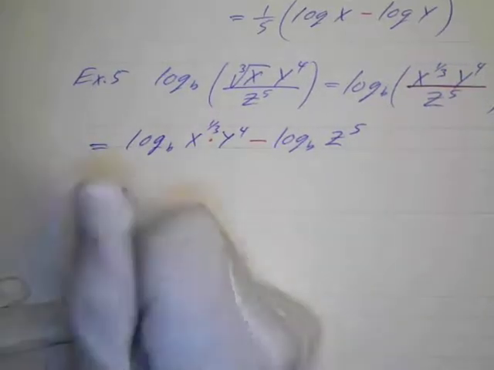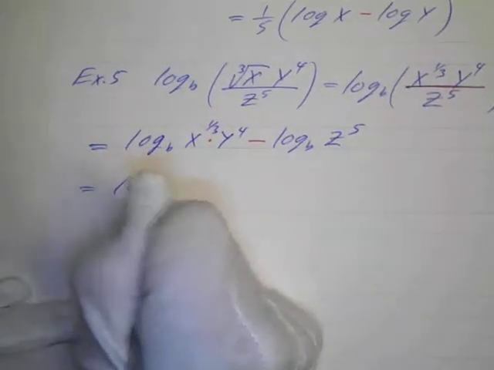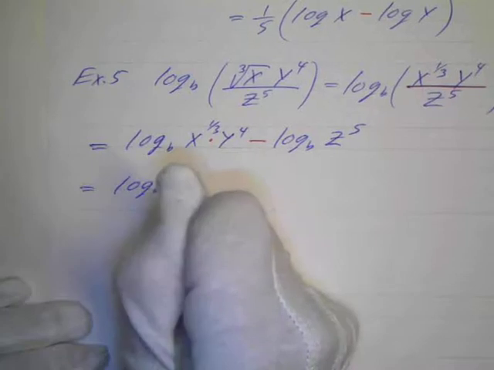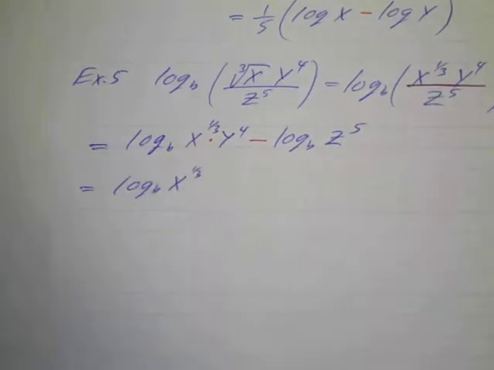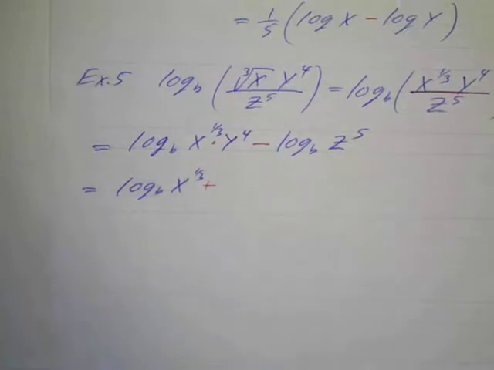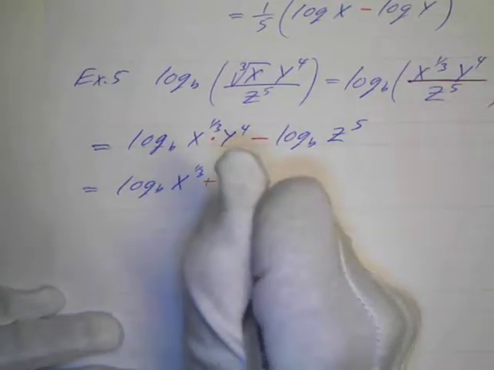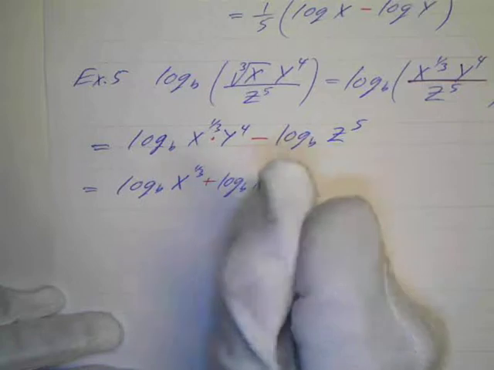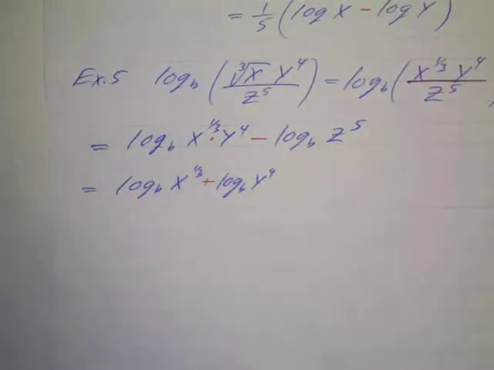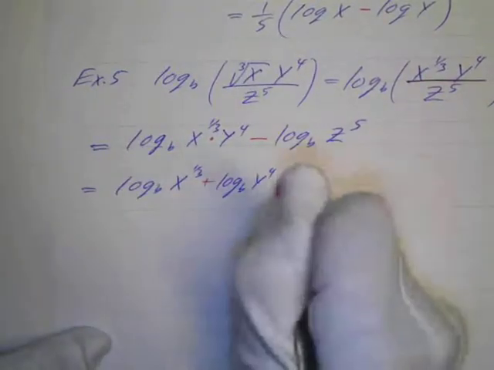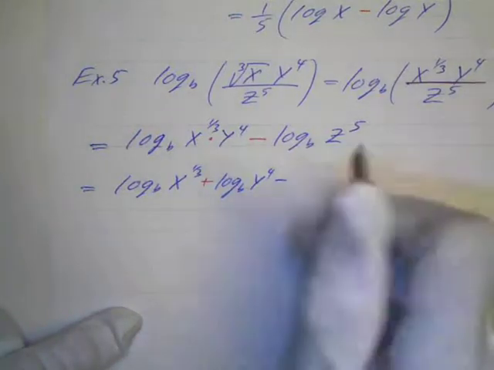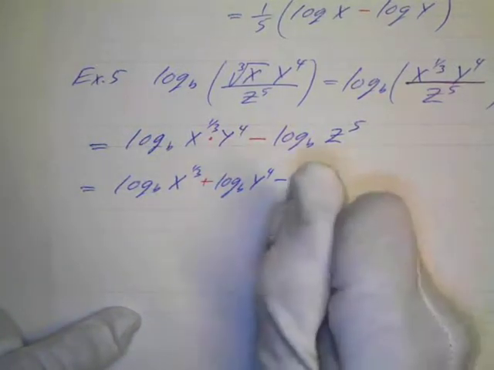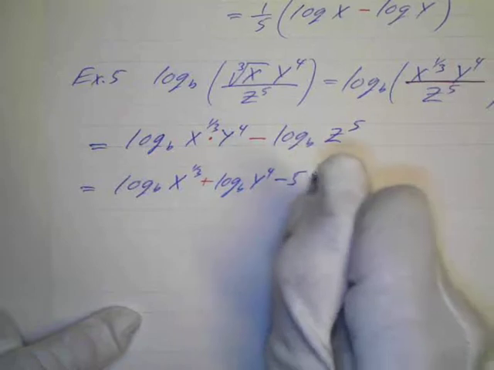So that's going to equal log base b of x to the 1/3, and now this is going to be plus, and then minus, and now I can put the 5 in front, so 5 times log to the base b of z.